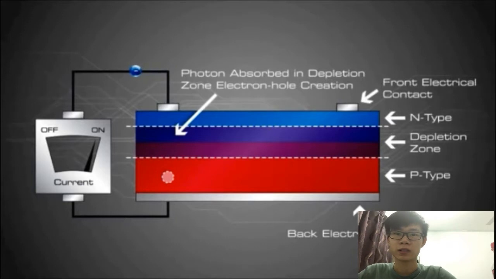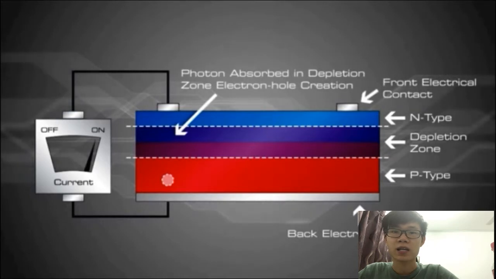The hole created by the dislodged electron is attracted to the negative charge of the n-type material and migrates to the back electrical contact. As the electron enters the p-type silicon from the back electrical contact, it combines with the hole, restoring electrical neutrality.